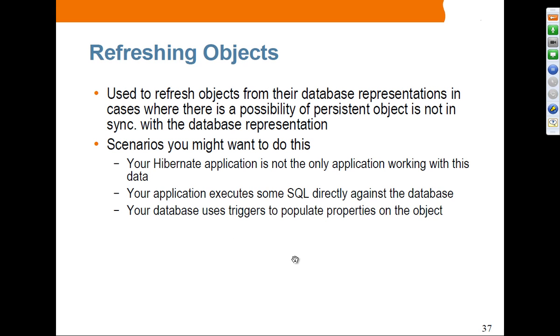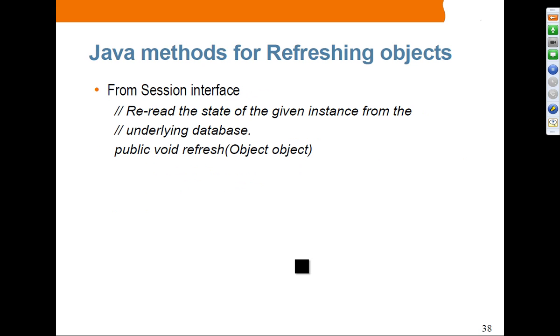You might have a SQL trigger that does something to the table. So whenever there is a possibility of the table being changed not by your application, you might have to refresh the object. This is the refresh method, and you provide the object. You are rereading the state of the given instance from the underlying table.